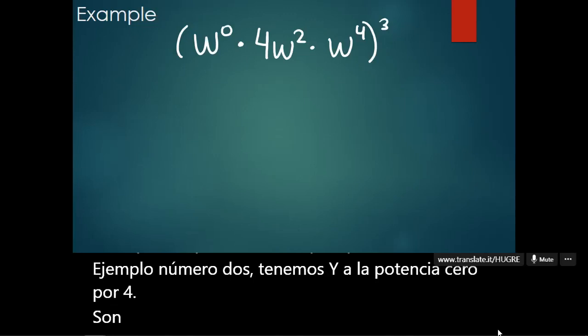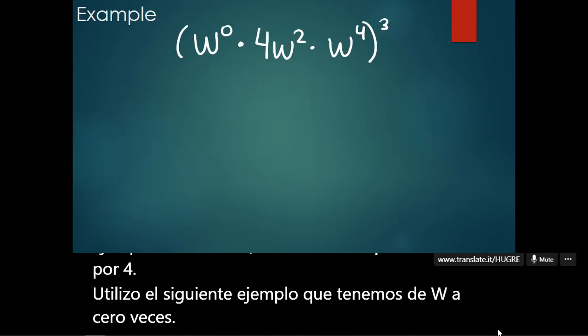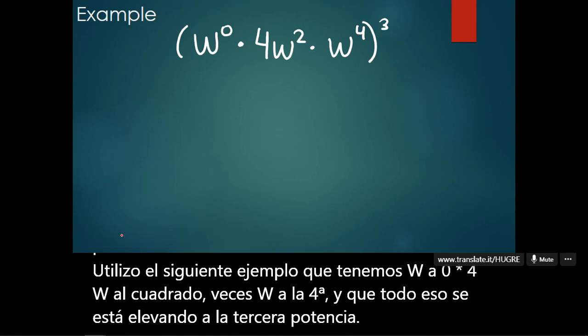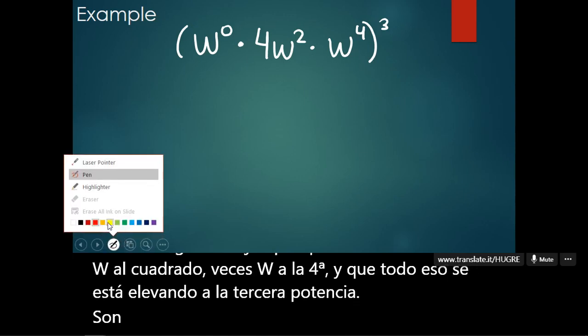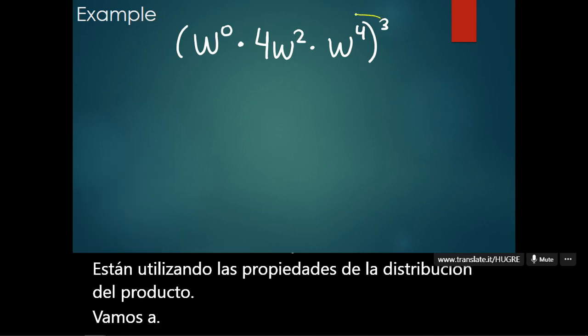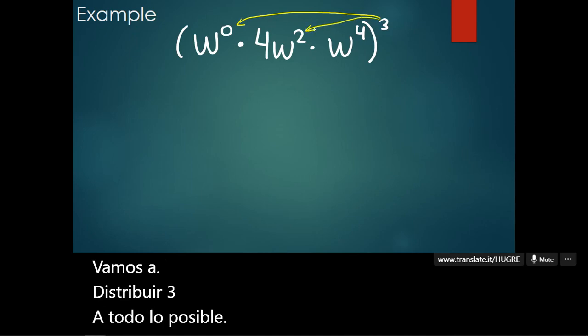Here's the next example. We have w to the 0 times 4w squared times w to the fourth, and all of that is being raised to the third power. All right, using the properties of the distribution of product, we're going to distribute the 3 to all possible exponents here. Now, did I get all of these?